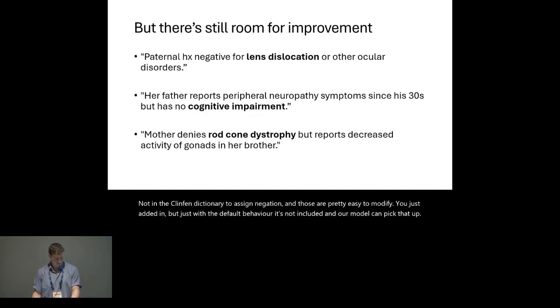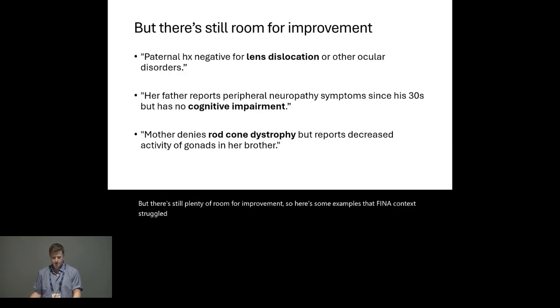But there's still plenty of room for improvement. So here are some examples that PhenoContext struggled with. "Paternal history negative for lens dislocation or other ocular disorders." That should be both family and negative, but PhenoContext said that it was hypothetical. "Her father reports peripheral neuropathy symptoms since his 30s, but has no cognitive impairment."